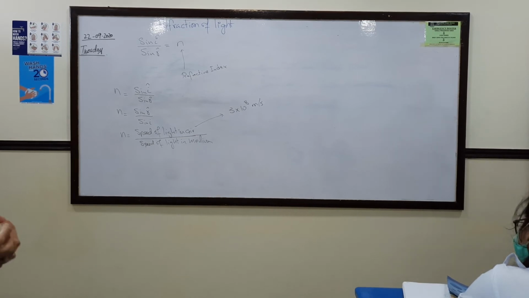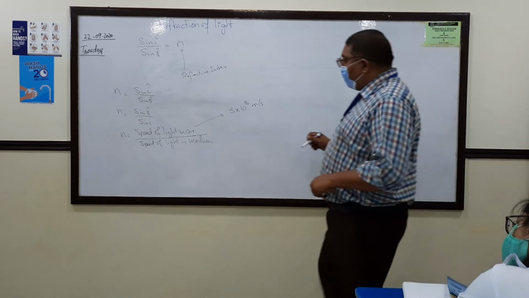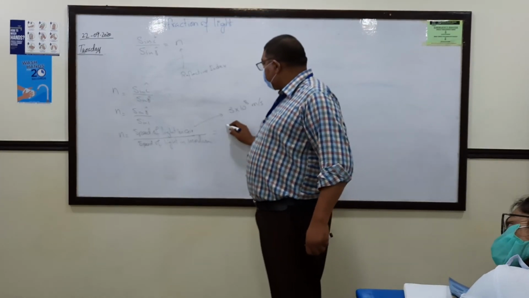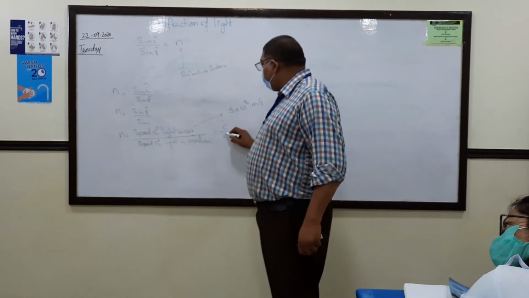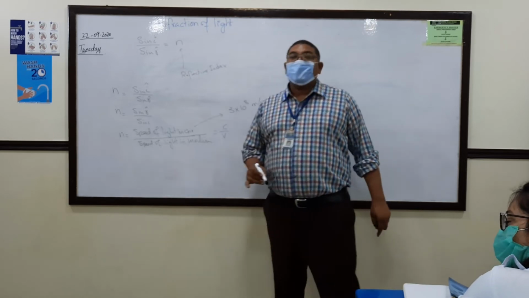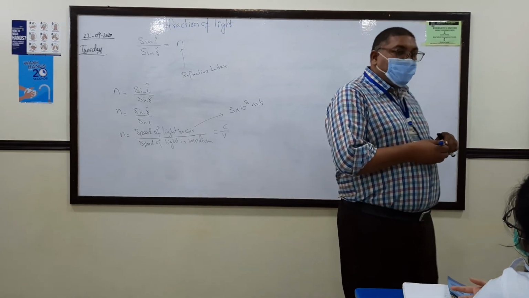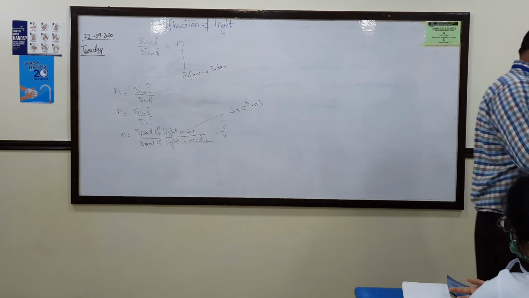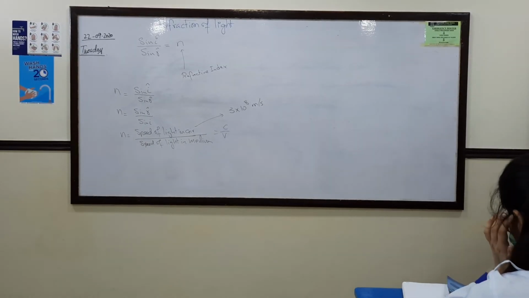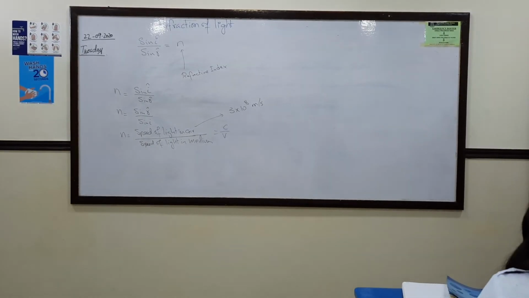This refractive index can also be represented as c divided by v. Here c means the speed of light and v means the speed of light in that medium.